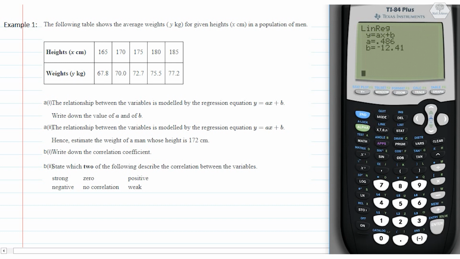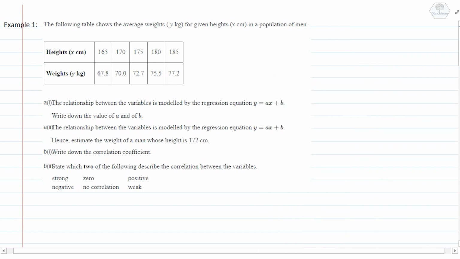So I have my linear regression, y equals ax plus b. The value of a is 0.486. A is equal to 0.486. Let's write it here.